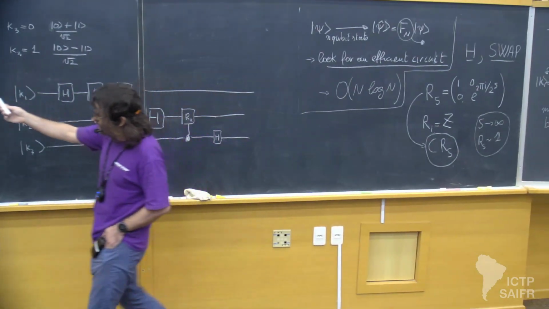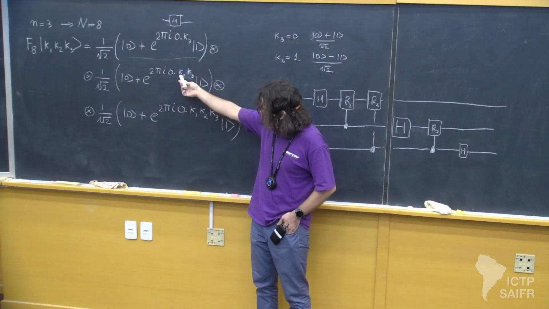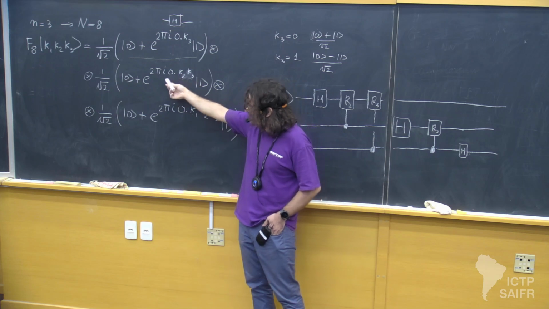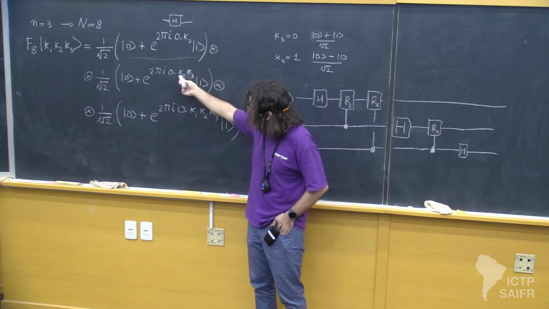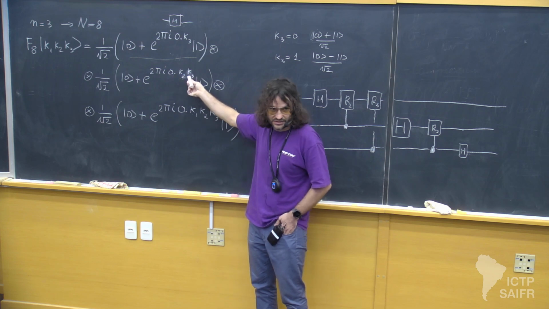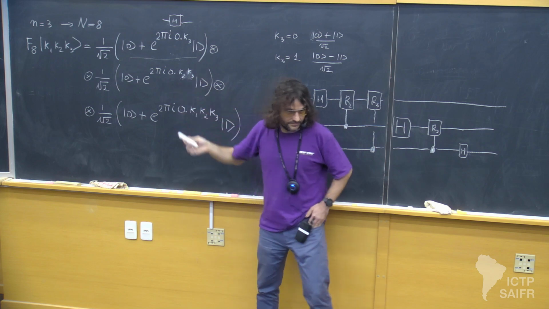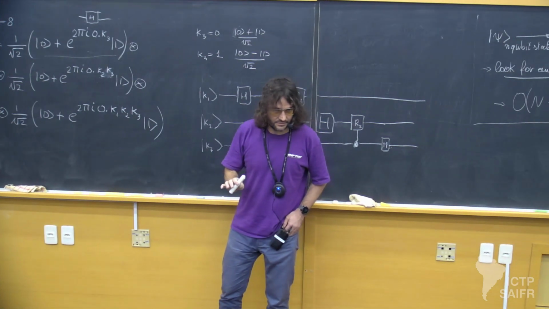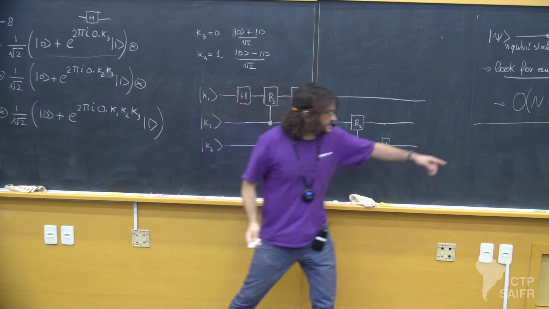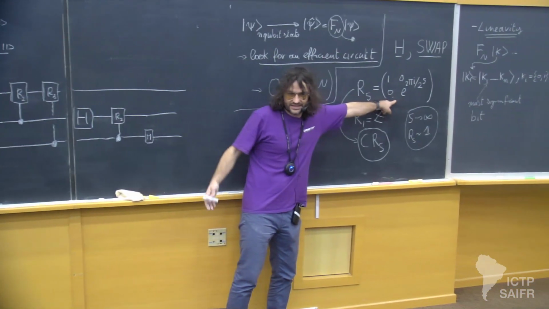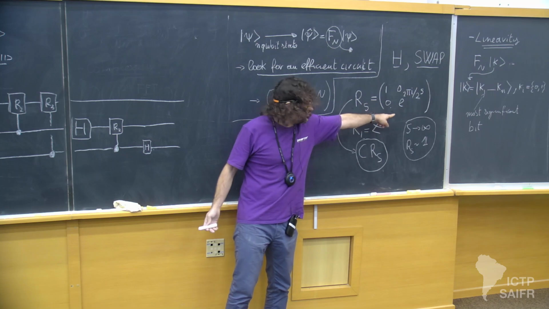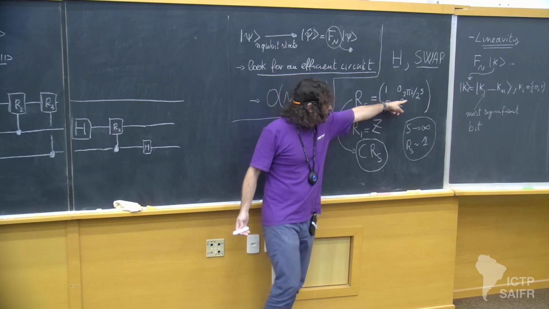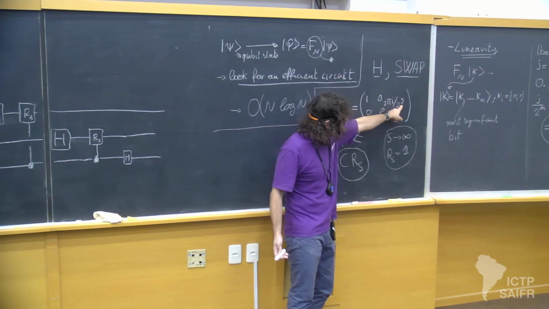Then here, you see that depending on K2, you must have a plus or a minus, and then you have to put a rotation at the second digit, depending on the value of K3. You have to do an operation like this. Let's call it, it's not a rotation, right.